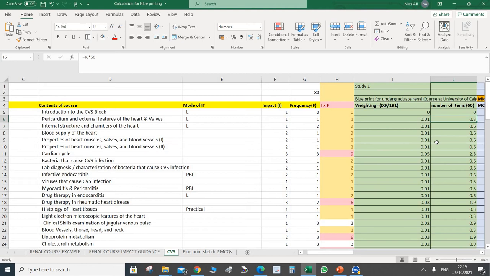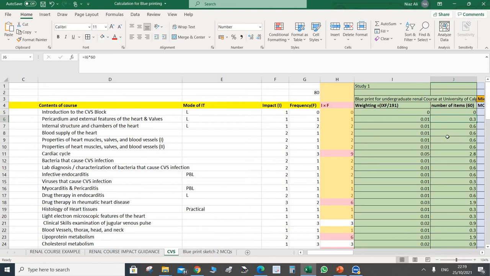So on average, for a 0.3 discriminating index, usually 50 to 60 multiple choice questions are required, and for discriminative values less than 0.2, these are reference values I am referring to, 100 MCQs are required.